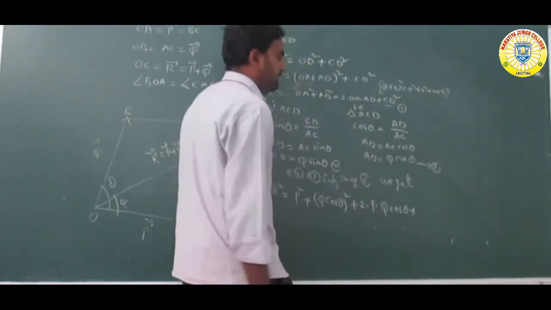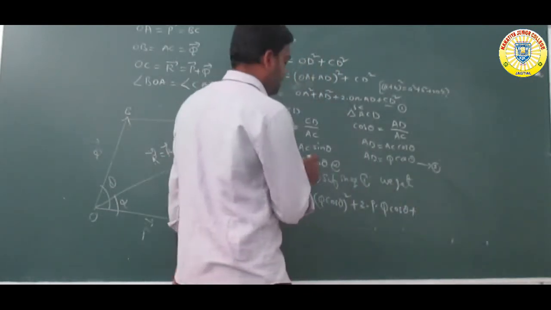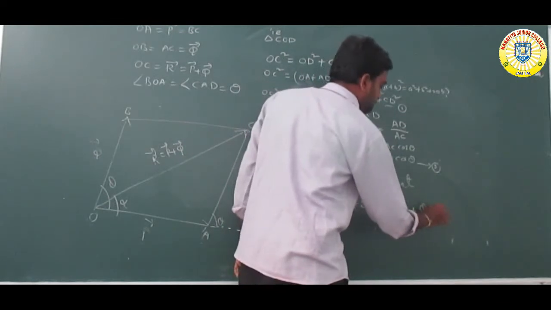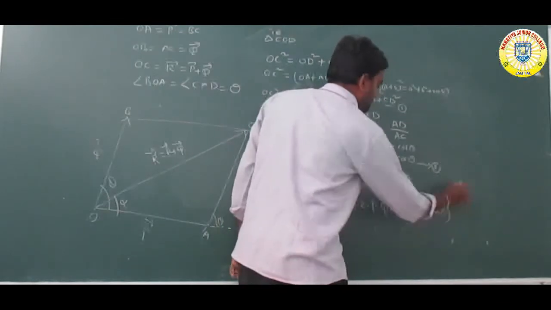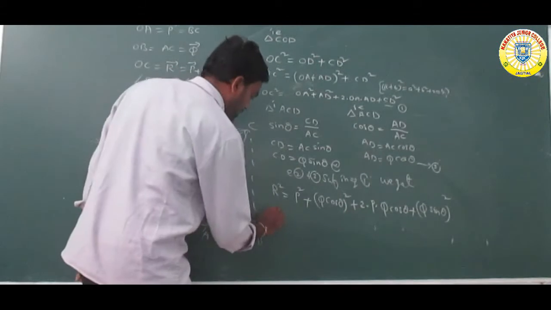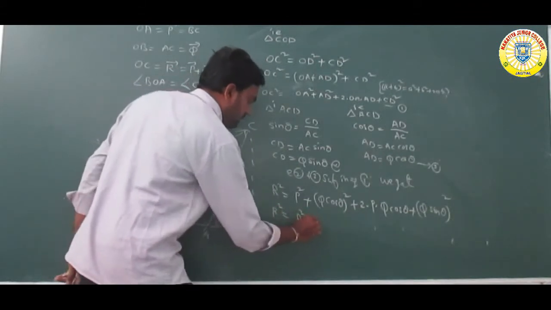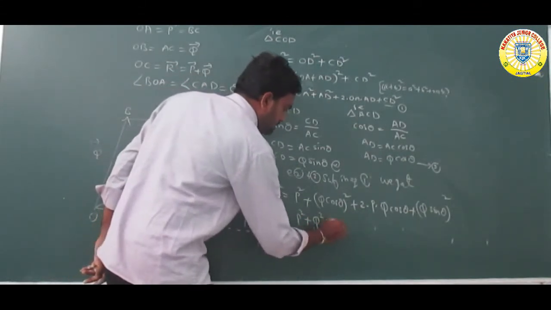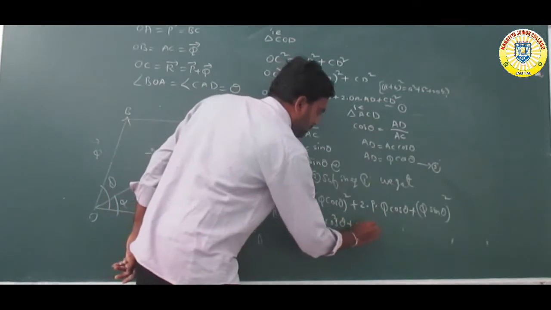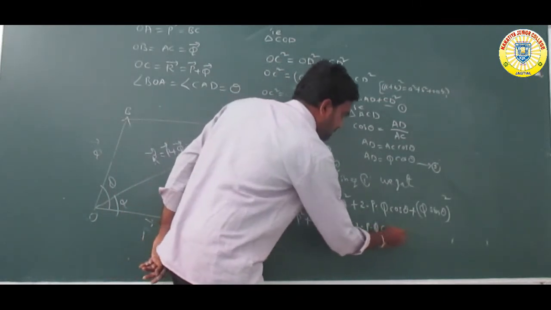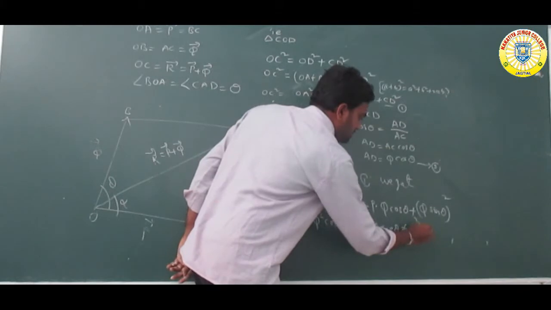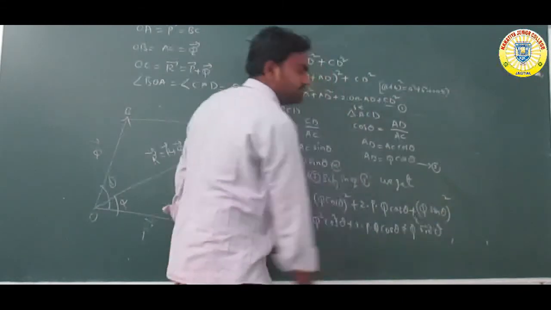Plus CD square, CD square means Q sin theta whole square. So R square is equal to P square plus Q square cos square theta plus 2PQ cos theta plus Q square sin square theta.